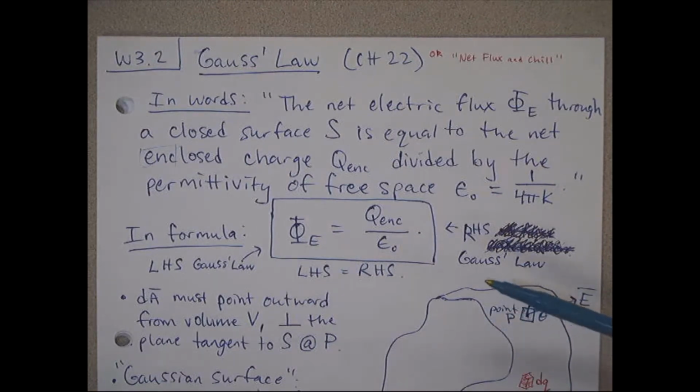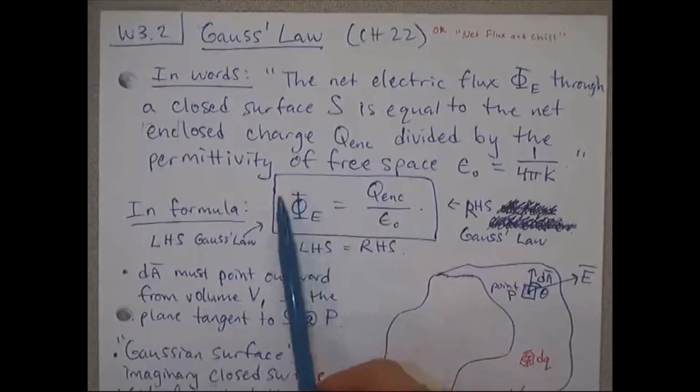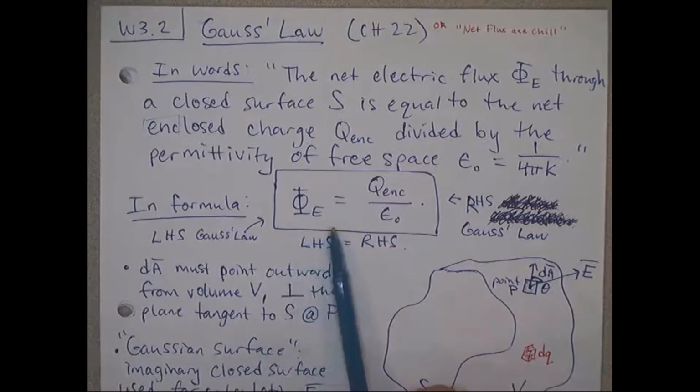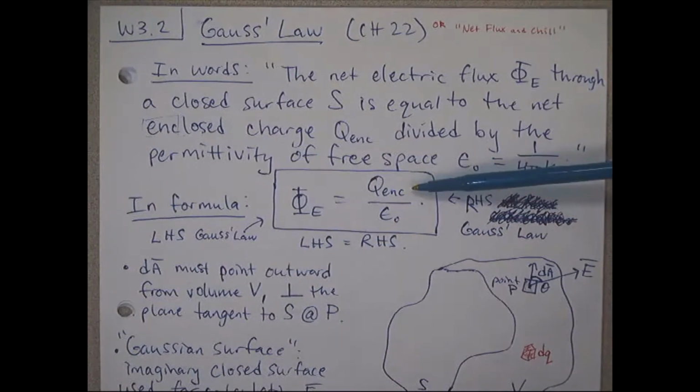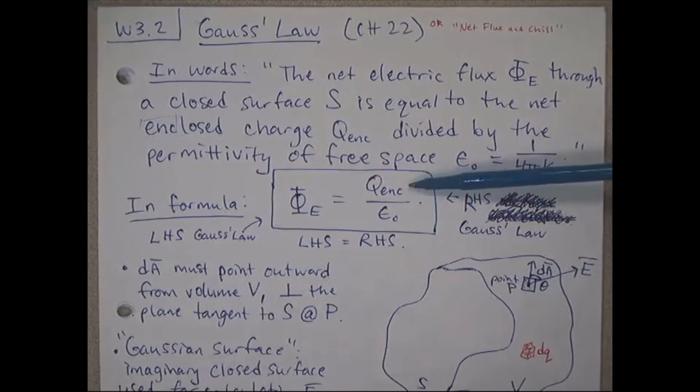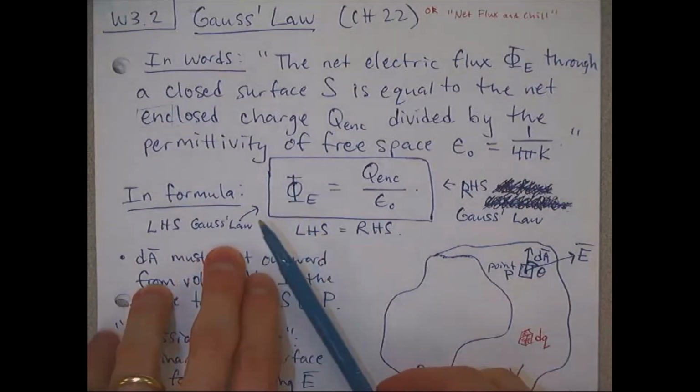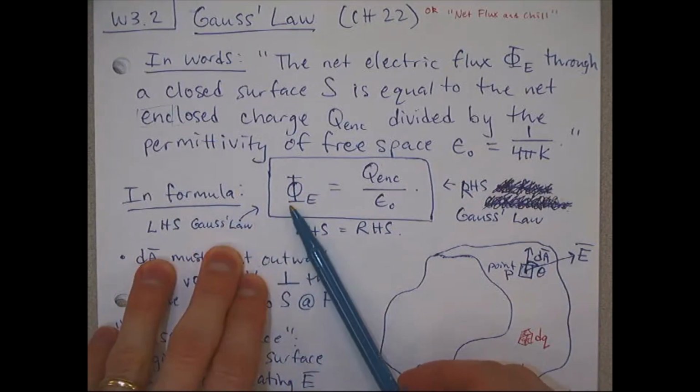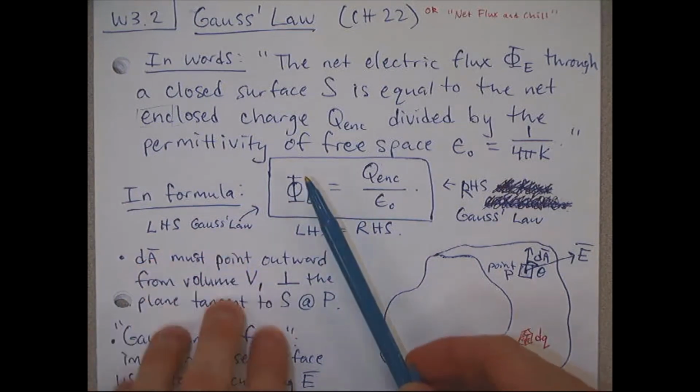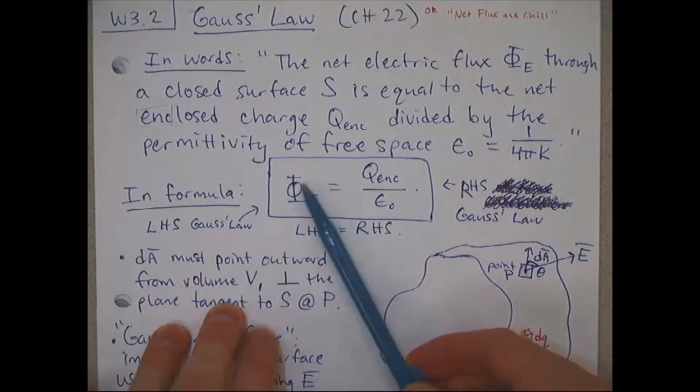As a formula, we can state Gauss's law in the following way. The net electric flux through a surface is equal to enclosed charge divided by epsilon naught. Often we will refer to the left-hand side of Gauss's law here. That's the computation of the flux.